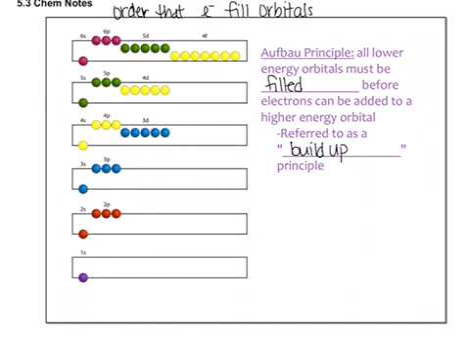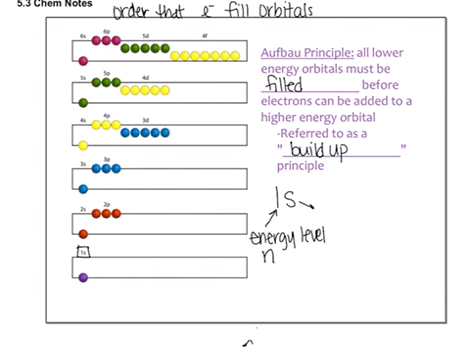So to review from yesterday, when we have a notation like this, the 1s, this first one reports the energy level, or another way to refer to it is as N, your quantum energy level, or your principal energy level.